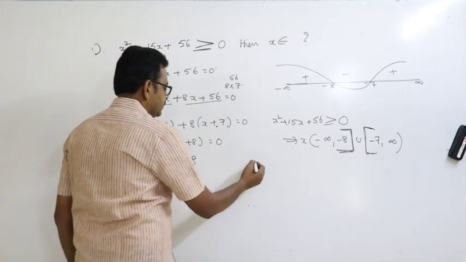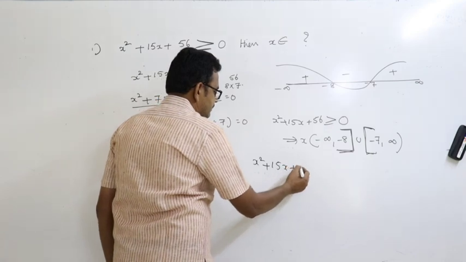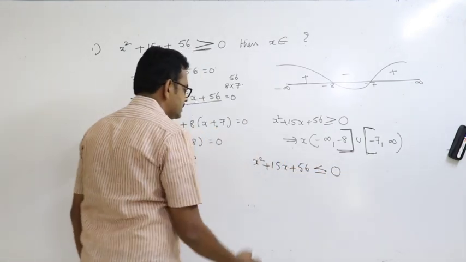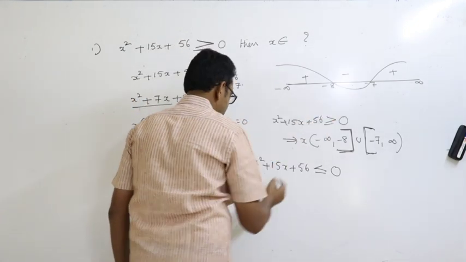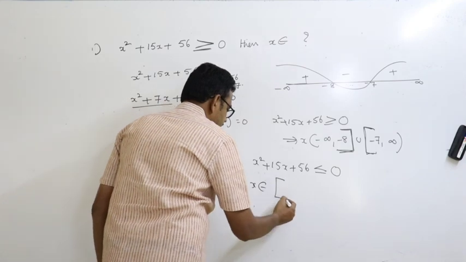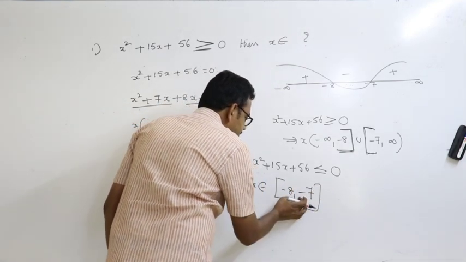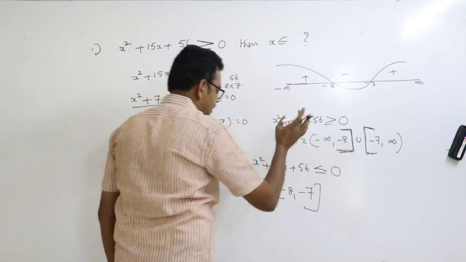And suppose x square plus 15x plus 56 is less than or equal to 0. In this case x belongs to where it is negative, in this interval: x belongs to the closed interval minus 8 comma minus 7. In between you can write any number, you will get a negative value.